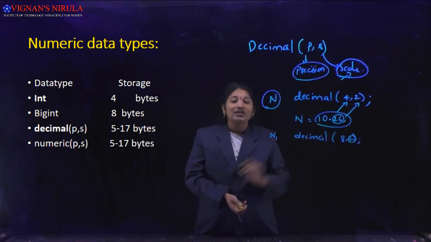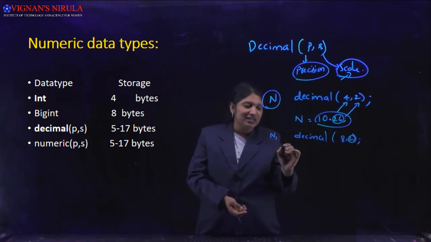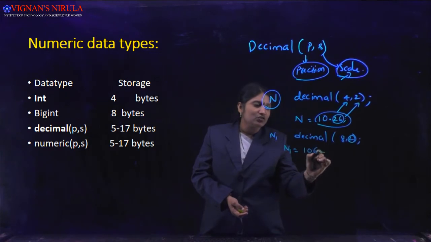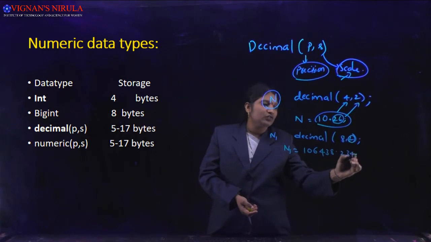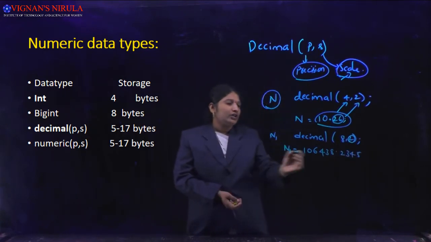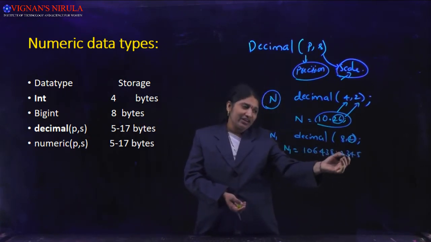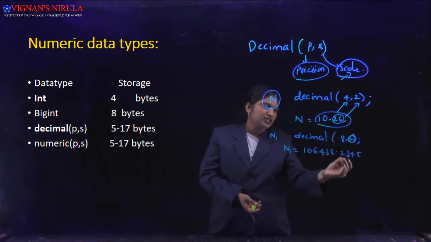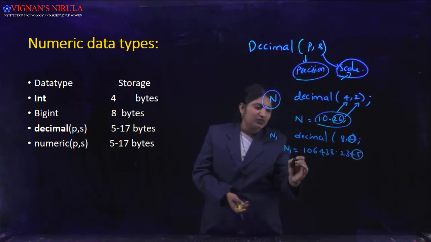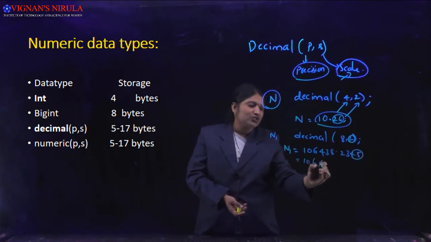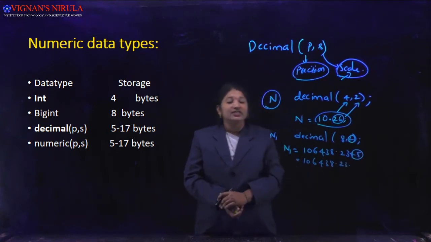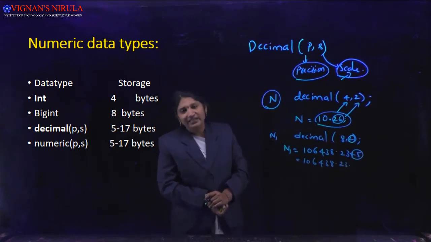That is the meaning of decimal of 8 comma 2. For example, if I give the value 106438.2345, only 2 digits are required after the decimal point, so it will round all of these values to 106438.23. That is the meaning of the decimal data type.